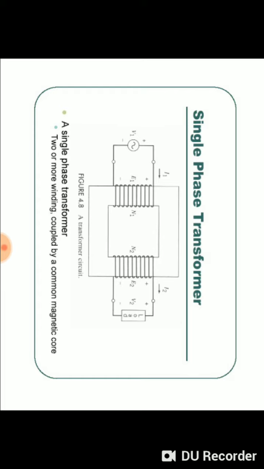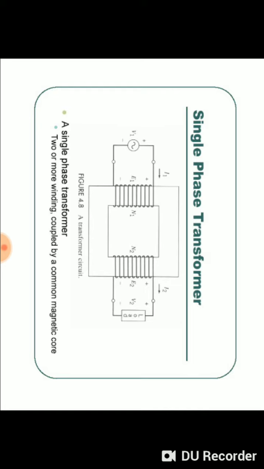That flux flows in the iron core. Then, according to the law of electromagnetic induction, EMF E1 is generated in the primary circuit itself. Because of Lenz's law, the direction of V1 and E1 is opposite to each other. Usually, the primary side has number of turns equal to N1.